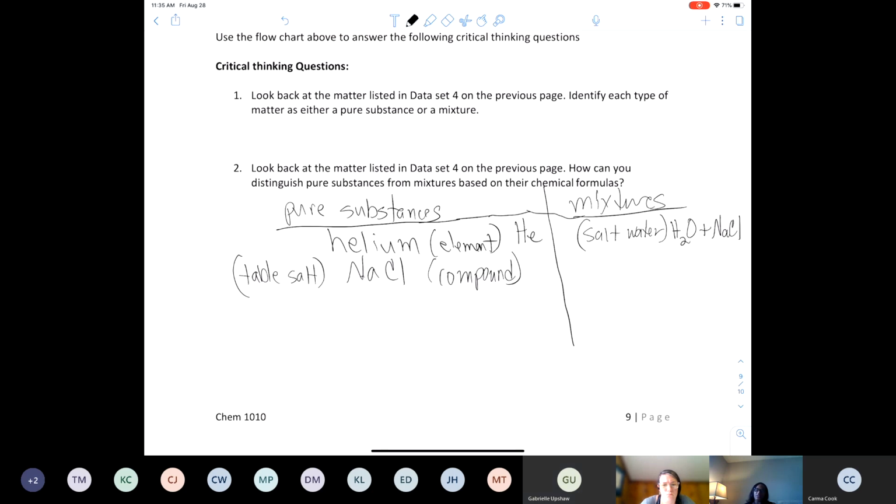A mixture can be 2 or more compounds mixed together, and you'll write the formulas for each compound and put a plus sign between the 2. So that's how the formulas differ for a mixture. And for a pure substance, it could either be an element or a compound, and the formulas for elements and compounds differ as well.